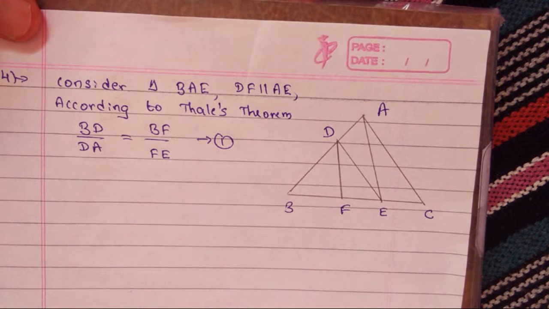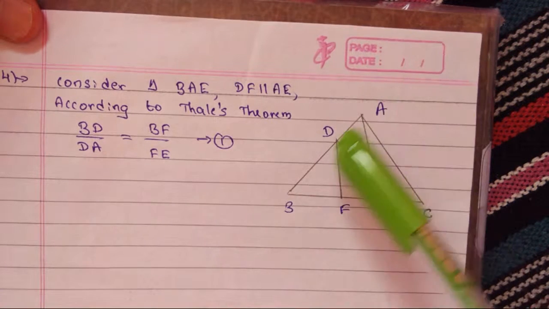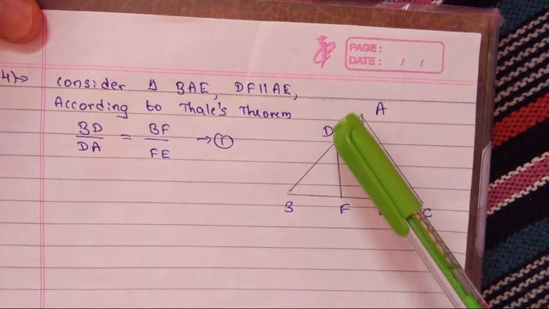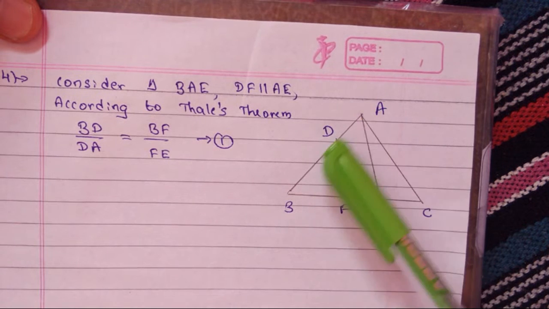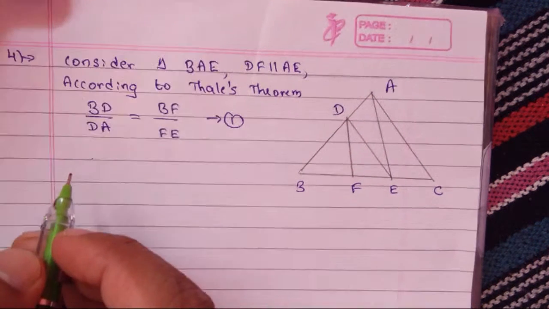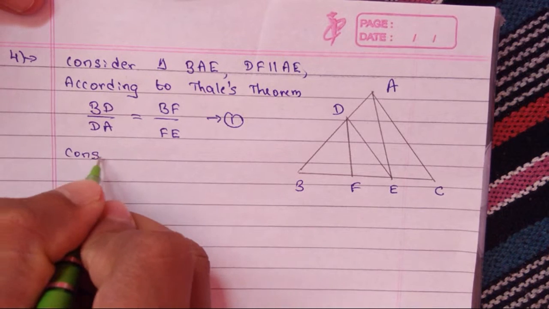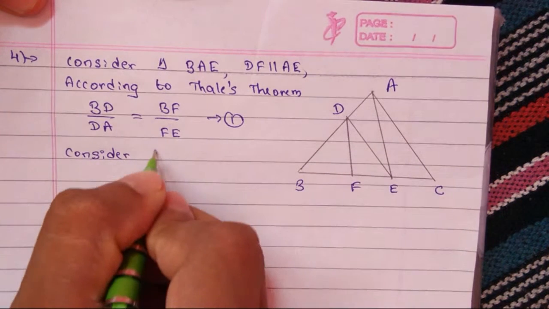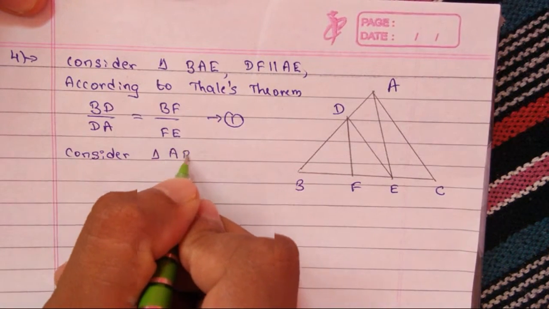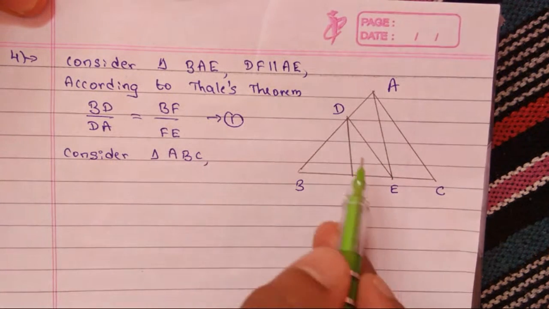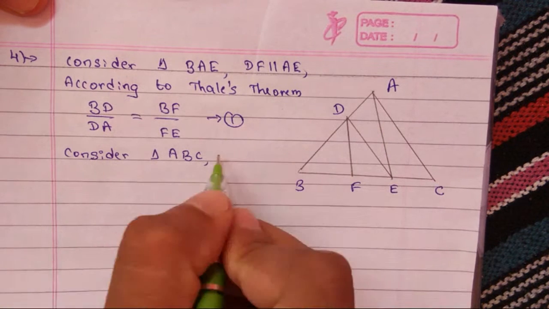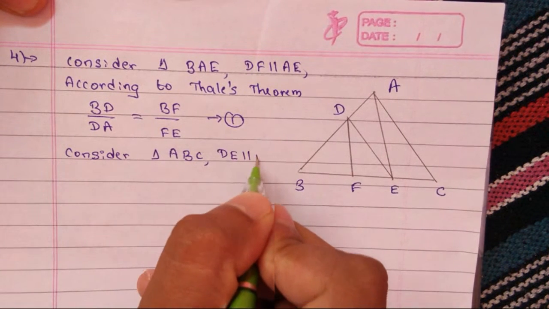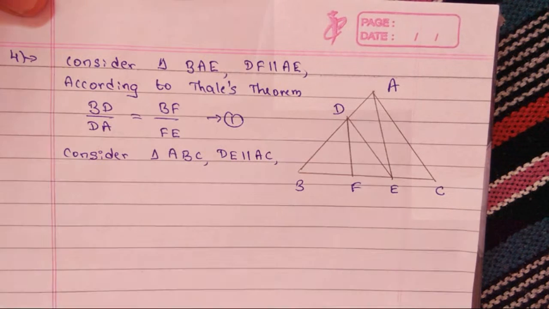Next, in a similar manner, I will consider the triangle ABC, that bigger triangle. In the first case, I consider ABE, and now I will consider triangle ABC. In ABC triangle, which are the two parallel lines? DE is parallel to AC. Now again we have to apply Thales theorem.